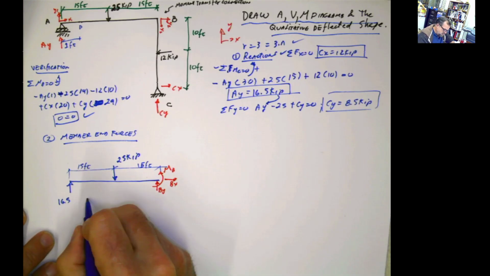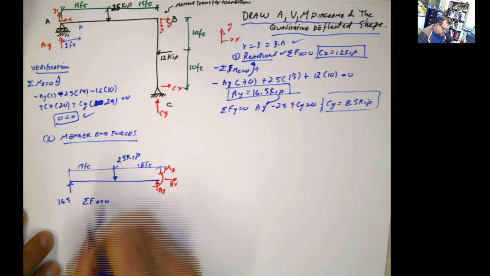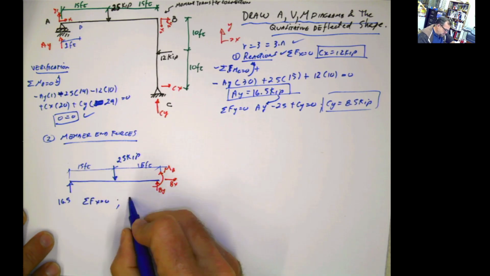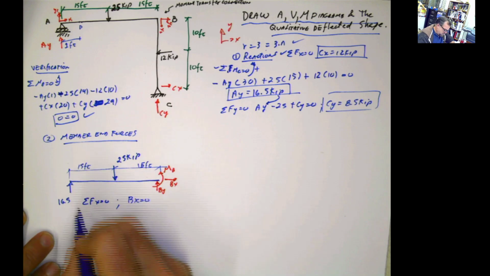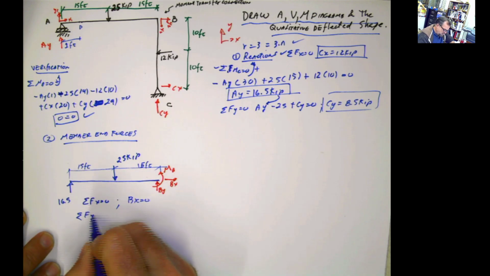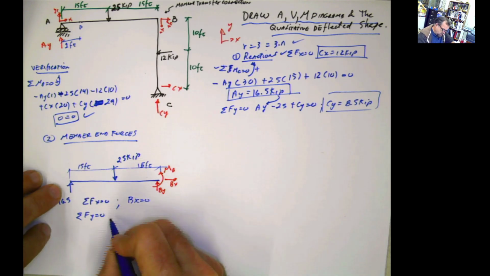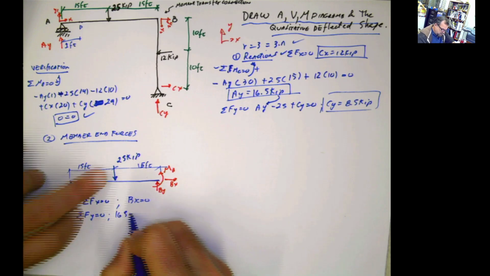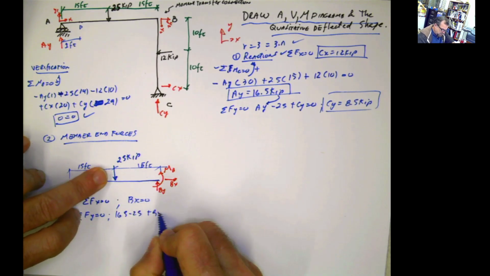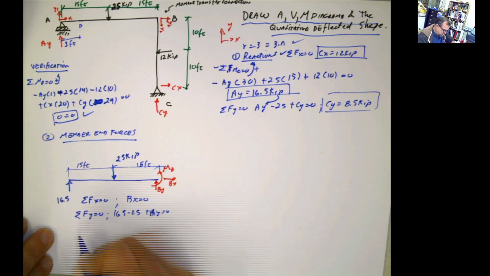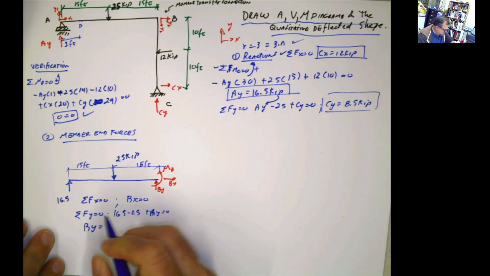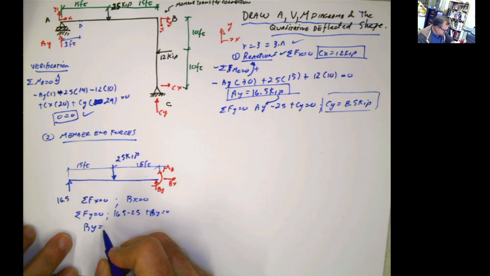Summation of forces in X equals 0. That means that Bx equals 0. Summation of forces in Y equals 0. Then you have 16.5 minus 25 plus By equals 0, meaning By equals 8.5.